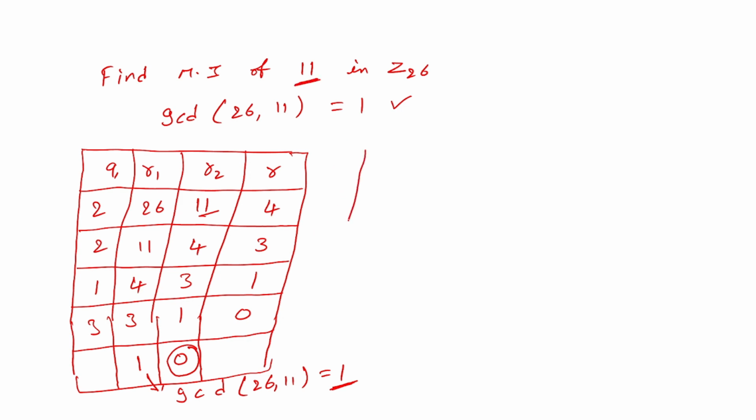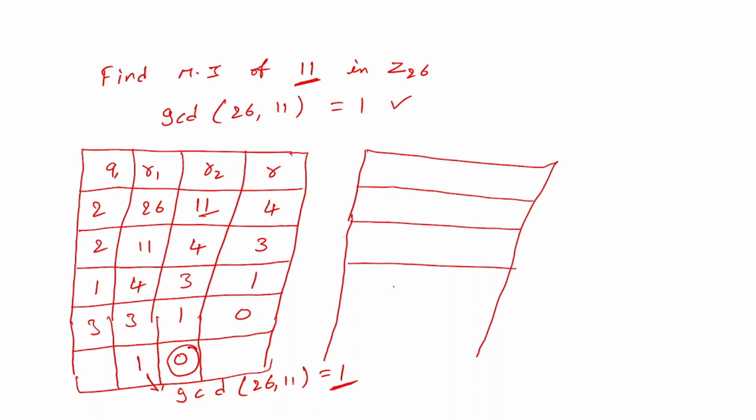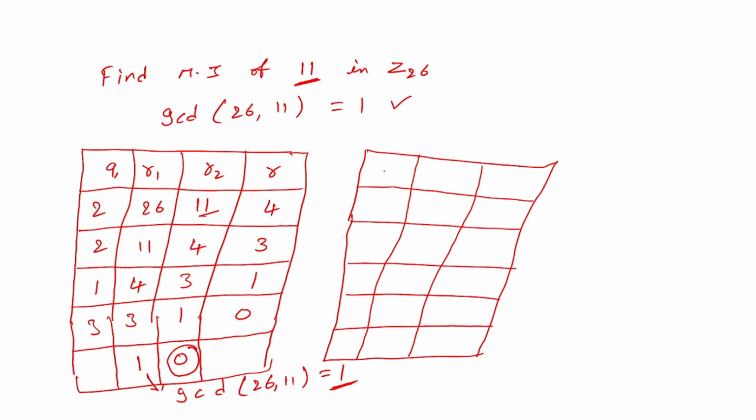So in that case, you need to write the second table. Here only the T table is enough. No need to take the S table. T1, T2, T. What are the initial values of T1 and T2? 0, 1.